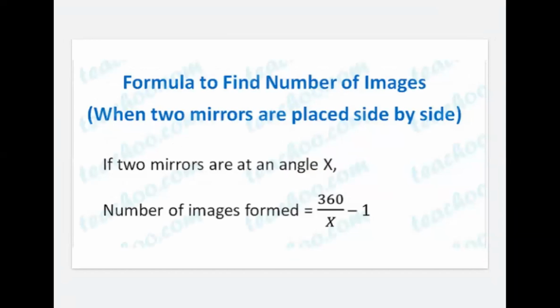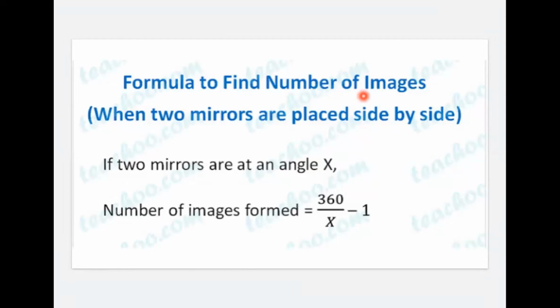Now one may ask, what if, ma'am, I don't have any mirrors and I want to find out how many images will be formed? So let me tell you, students, there is one simple formula for calculating this.